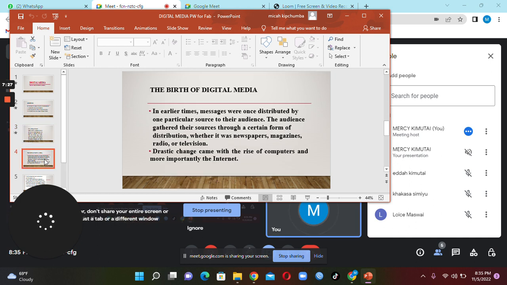The next bit is the birth of digital media. How digital media came about. Who can tell us how digital media came about? Having understood that digital media is the digitized way of passing information, the use of smartphones, internet, online or media platforms, social media platforms, to disseminate information.